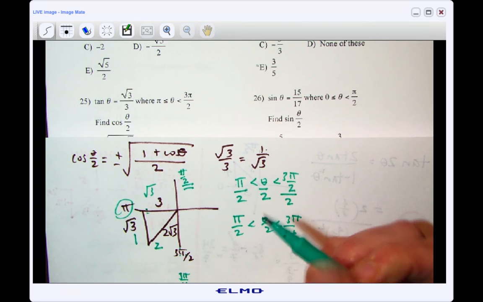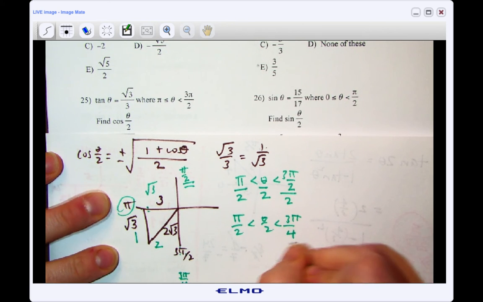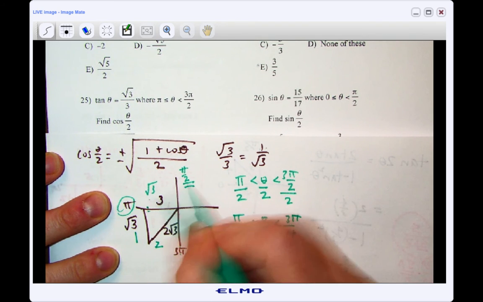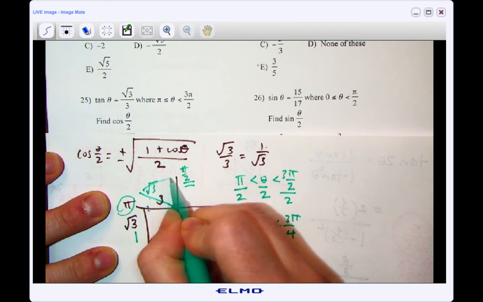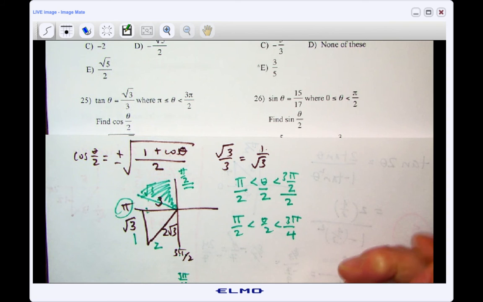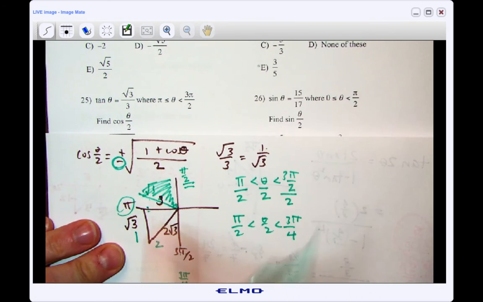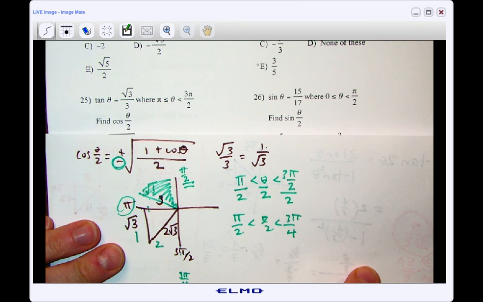Okay, so we know what quadrant the theta over 2 is going to fall in because we know that 3 pi over 4 is here, so it's going to fall somewhere in here. That tells us that if we're looking for cosine, then I want the negative, because cosine is negative in that quadrant.